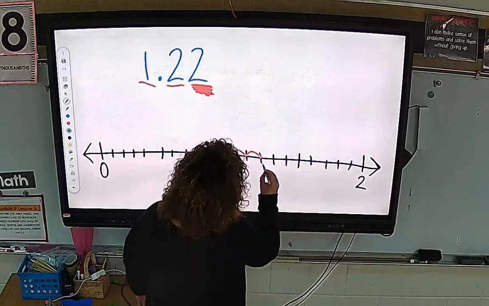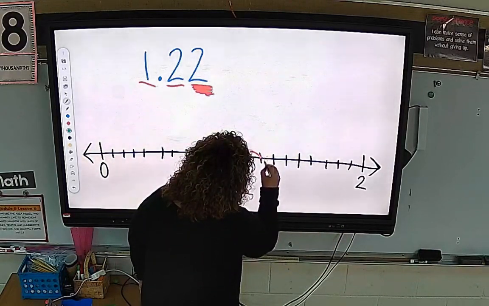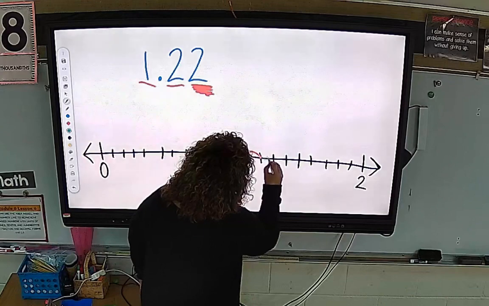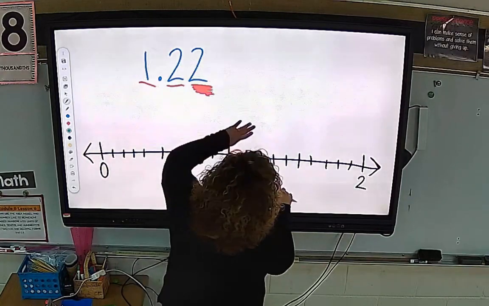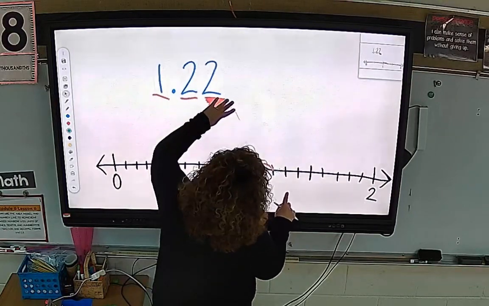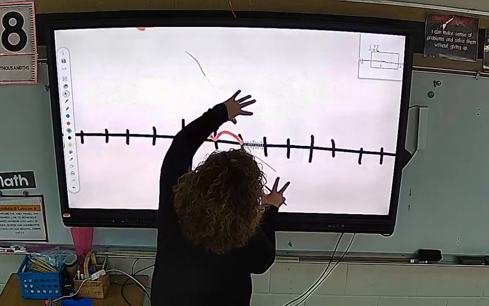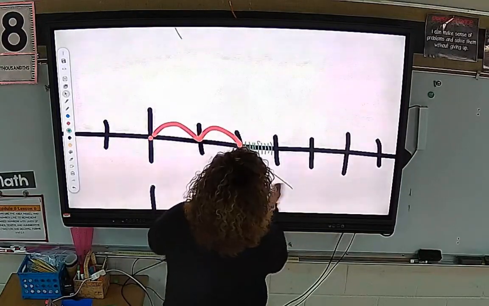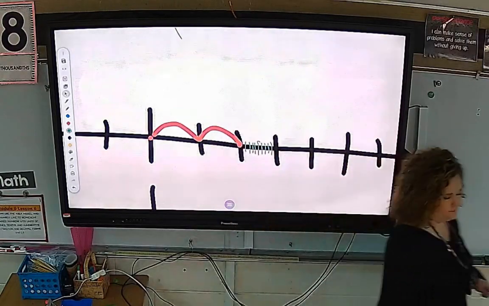Hold on. Will it let me enlarge? Alright.